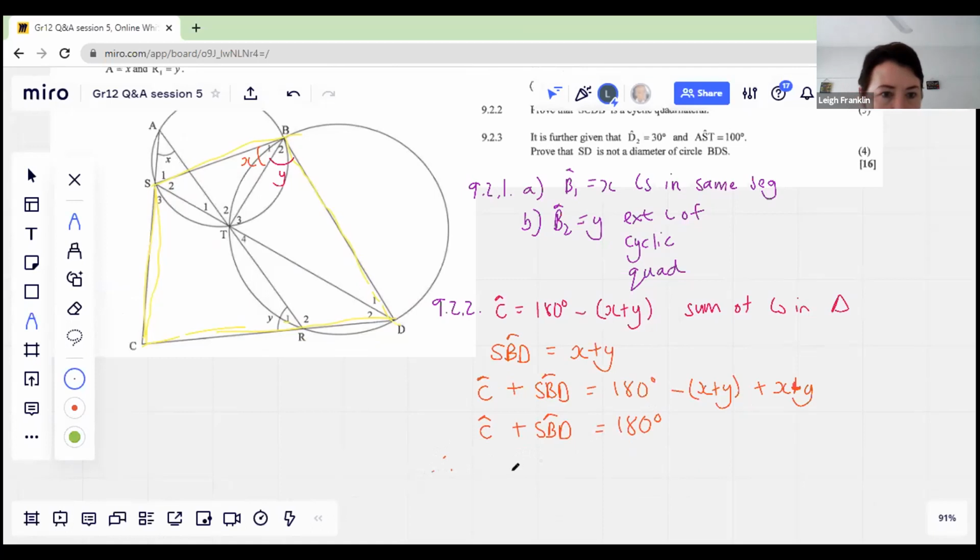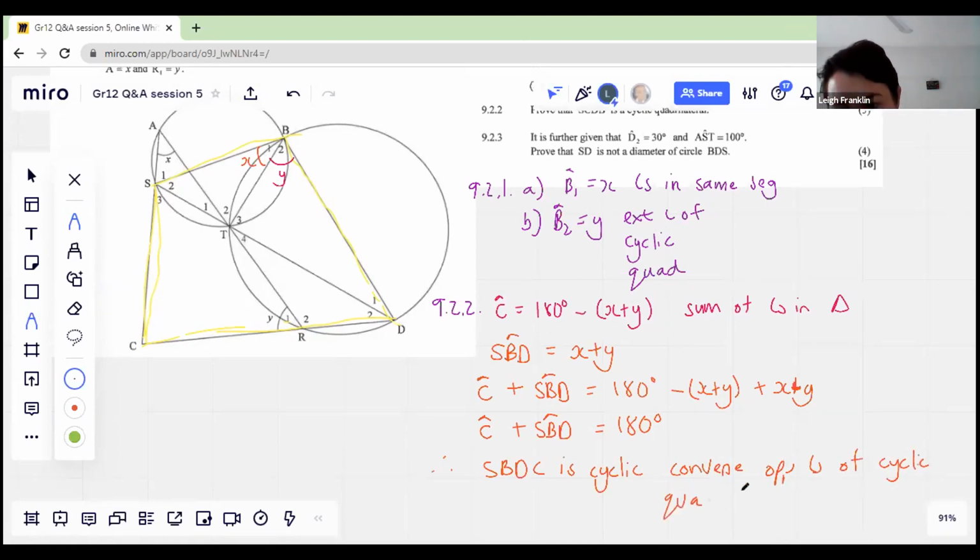Therefore SBDC is cyclic, and this would be the converse: opposite angles of a cyclic quad are supplementary.